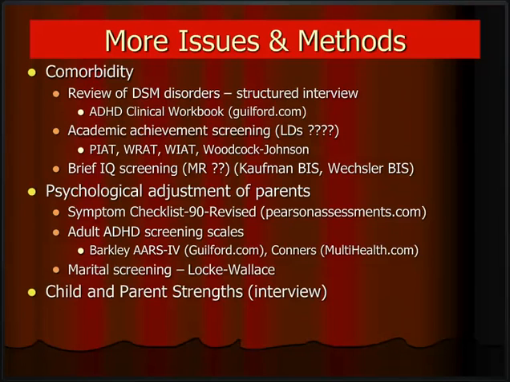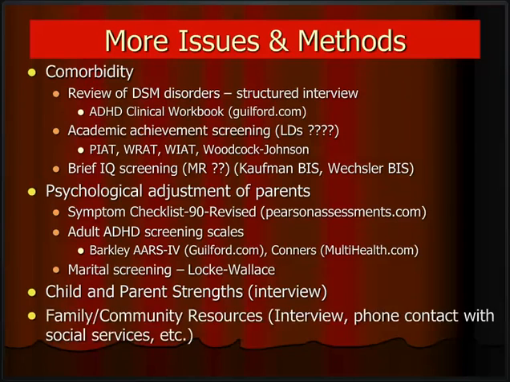Now, one also needs to determine the strengths and weaknesses of the child and of the parents, and this can be done through an interview with them about how they see their family functioning and how the parents see the child doing in various areas of development. As I've said, identifying the child and family's strengths and weaknesses is very important in assisting with putting together a treatment plan for the child.